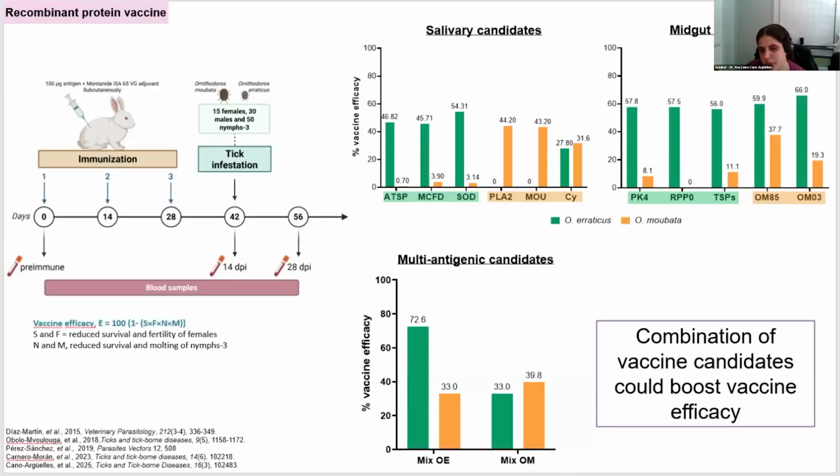But in the case of Ornithodoros moubata, these values are similar, and in some cases even lower than the antigens administered individually. So these results indicate that the combination of vaccine candidates could boost vaccine efficacy, although this might vary among species.